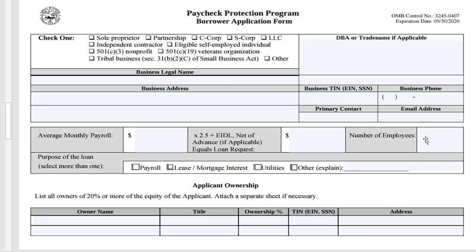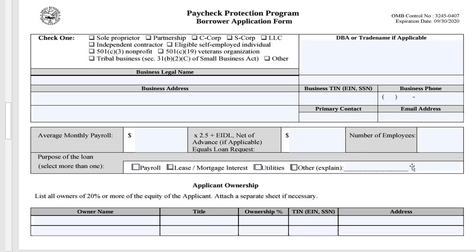And here it just says number of employees. It leaves this unexplained. It leaves it to guessing. It leads to ambiguity. Ambiguity meaning a borrower or applicant filling out this form at the time is left to guess what number of employees they're supposed to place here.